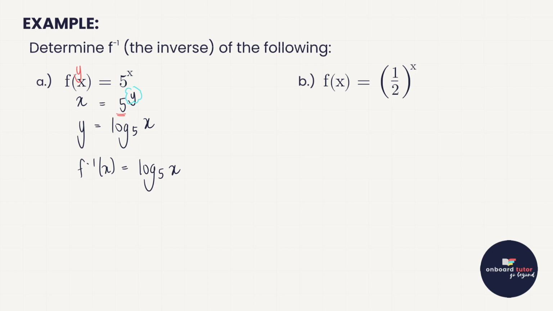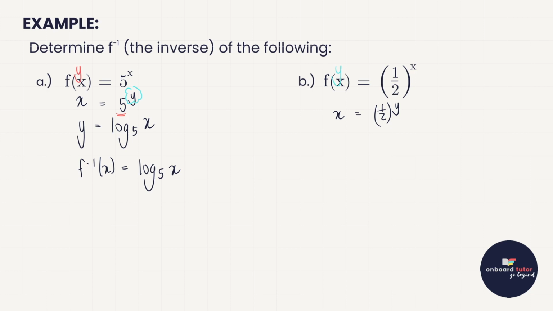Okay, not to be confused when we get to a fraction here. It's very important, these brackets, because they show that that whole fraction is being raised to the power. But we're going to follow a very similar principle. So this is y, and we want to switch y and x to create the inverse. So x is equal to a half to the power of y.